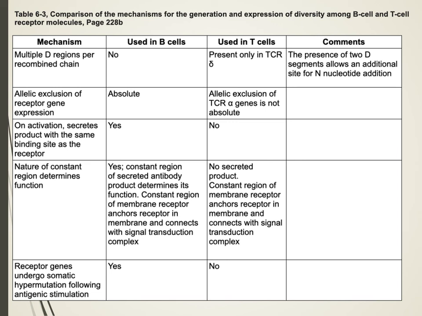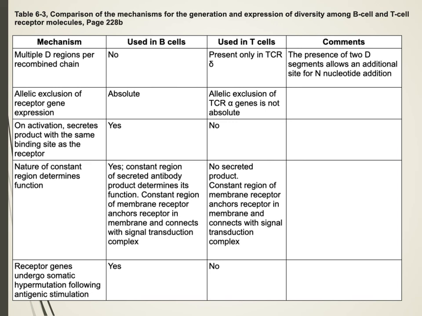Again, only observed in the delta chain. Keeping in mind that the only chains that have D regions for T cells are delta and beta. And again, in beta, we don't see this. This hasn't been observed, though theoretically it is possible.